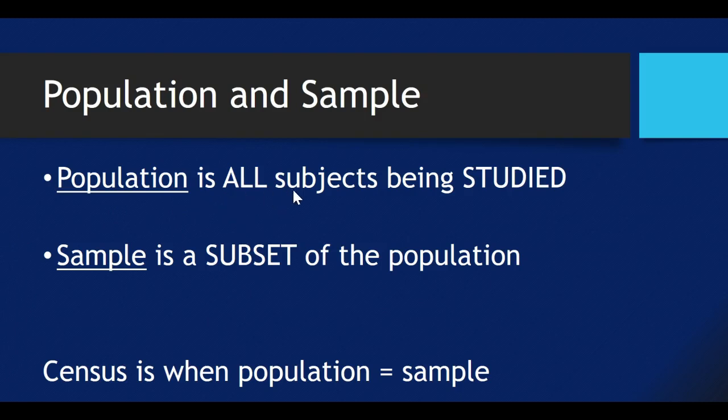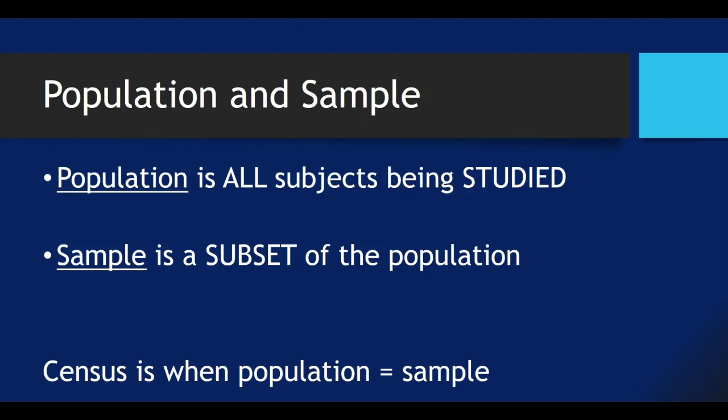Population is all subjects being studied, all right? And obviously a sample is a subset of that population. So population is the bigger group. Sample is the smaller group.